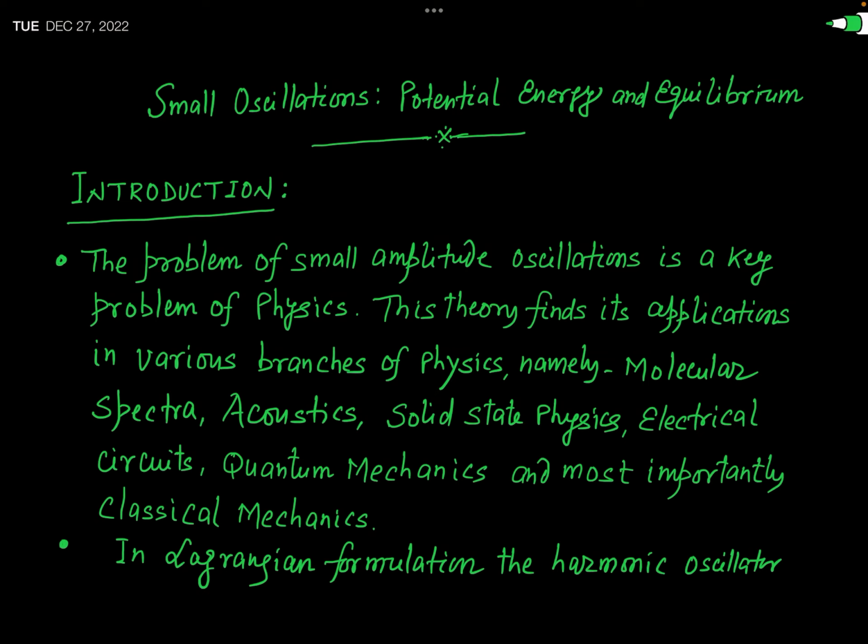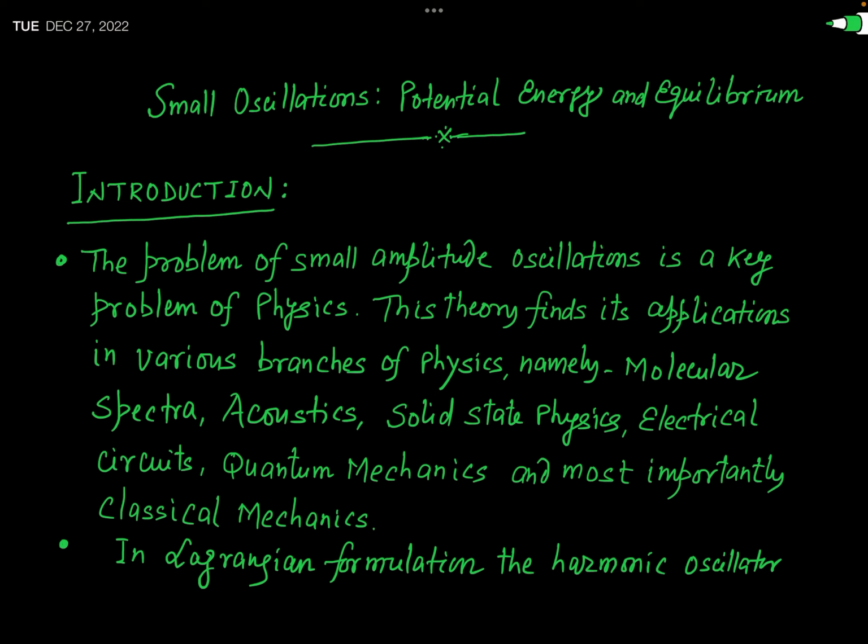For example, when you study molecular spectra, then we study their rotational vibrational spectra, and the concept of the linear harmonic oscillator is used there. Similarly, in acoustics, we find problems on small oscillations. In solid state physics, while studying the vibration of atoms in a solid, you face this problem.